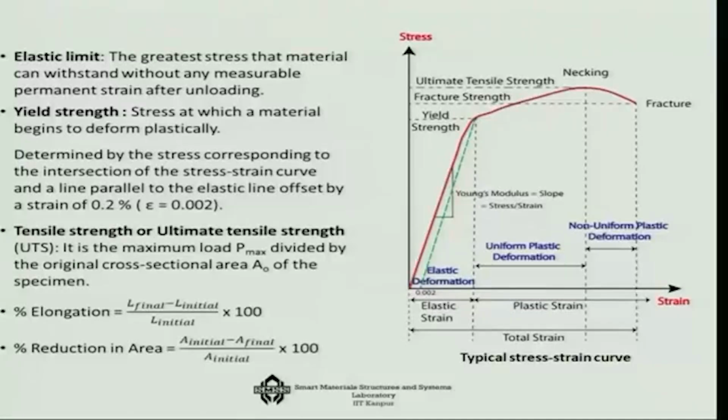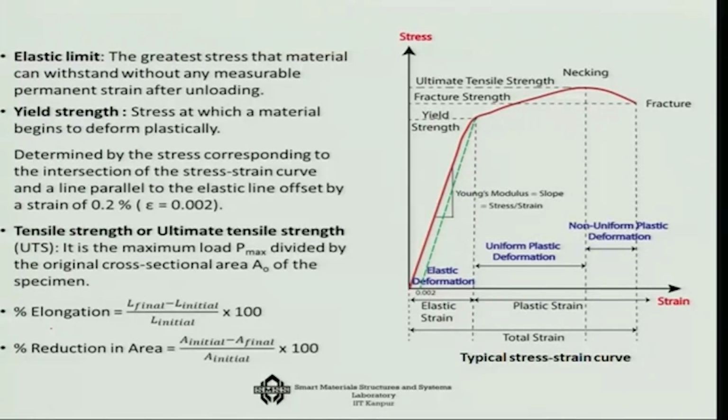Now, if you carry out such testing of a ductile metal, how would you find out the stress strain diagram, the engineering stress strain diagram of the material? If you look at it, the stress strain diagram shows certain features, but please keep in mind that this is for a ductile metal.